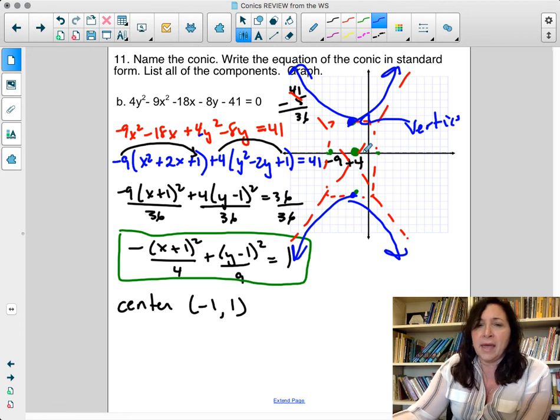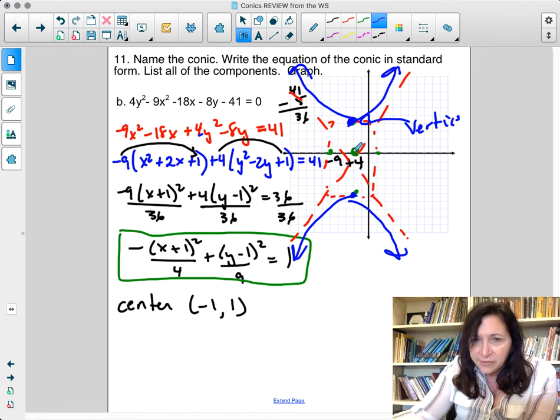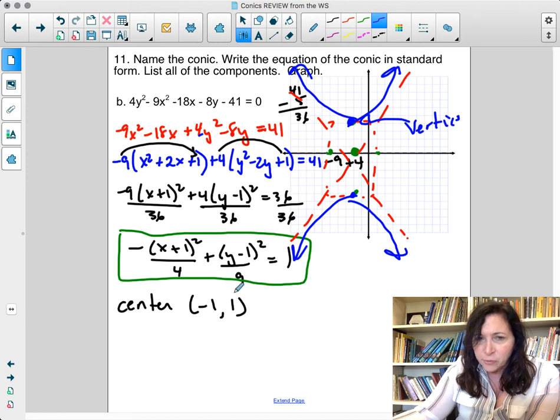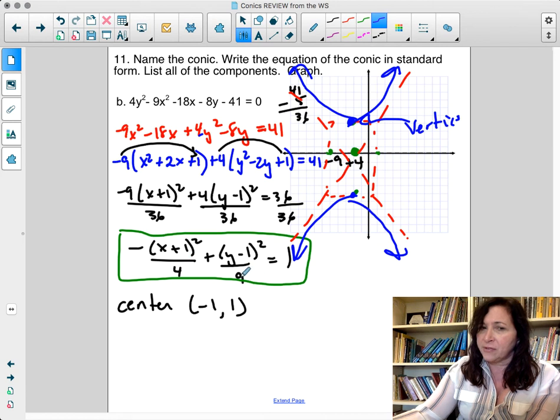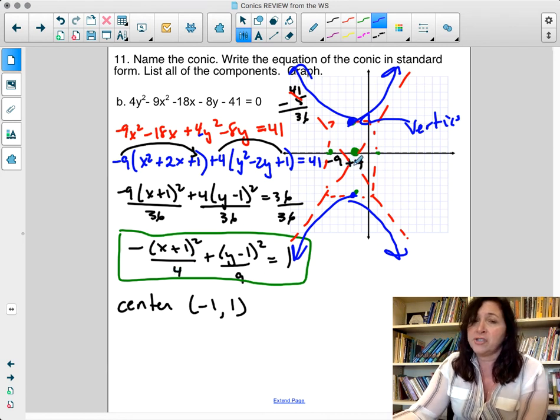So now, asymptotes, meaning from this center, you're going to go up 3 over 2. Remember, it's always the square root of the 9, the square root of the y over the square root of the x, 3 over 2x. From the center, that's your asymptote.